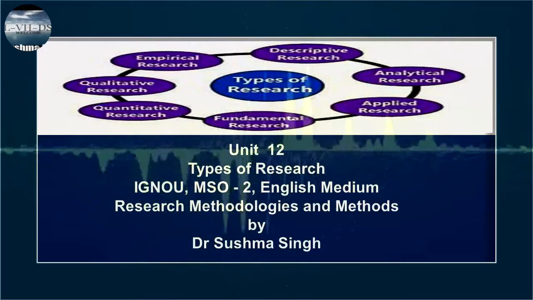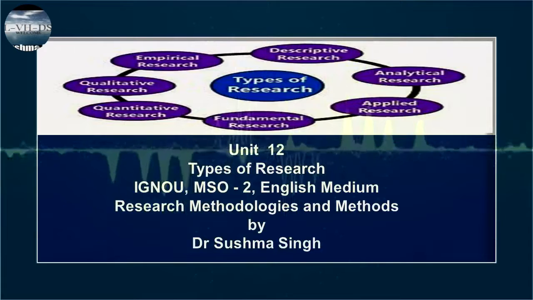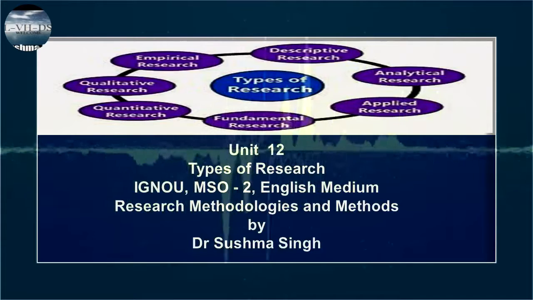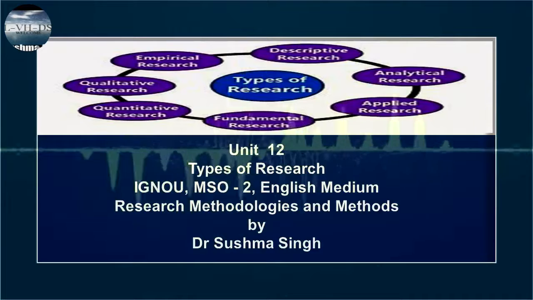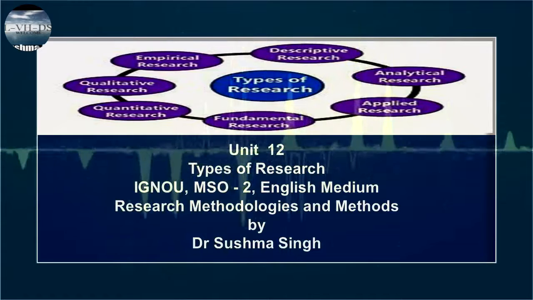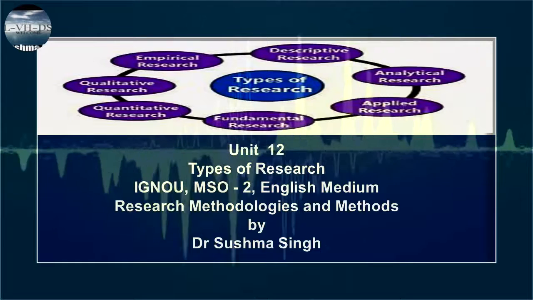In analytical research, the researcher has to use facts or information already available and analyze them to make a critical evaluation of the material, looking beyond the ideas, facts, and figures already collected.